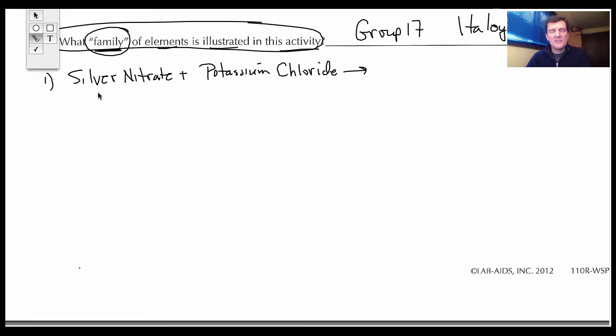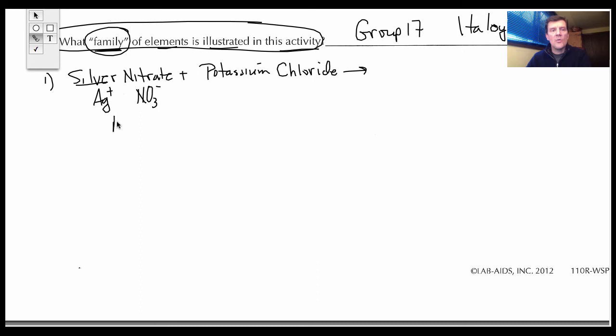Silver nitrate. Well, silver wants to form a +1 ion. These are all ionic compounds. Metal silver with nitrate. Nitrate is a polyatomic ion, so if you looked on your periodic table, you would see that nitrate forms a NO3 with a -1 charge. So how many of each of these?